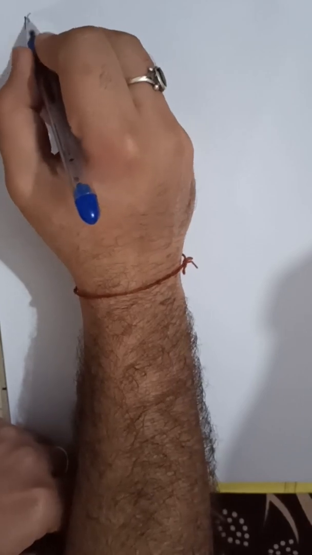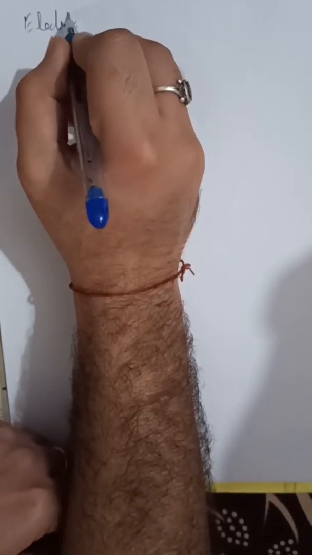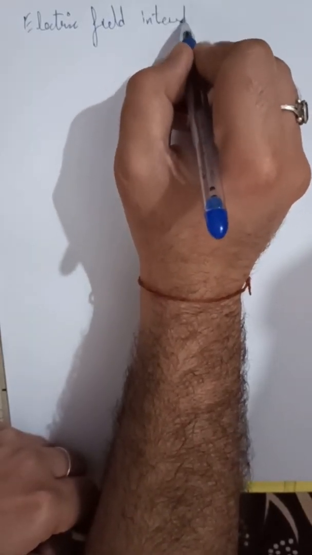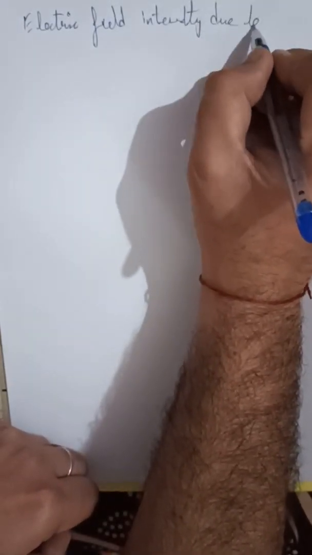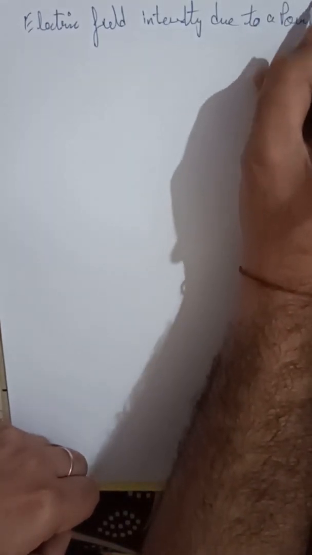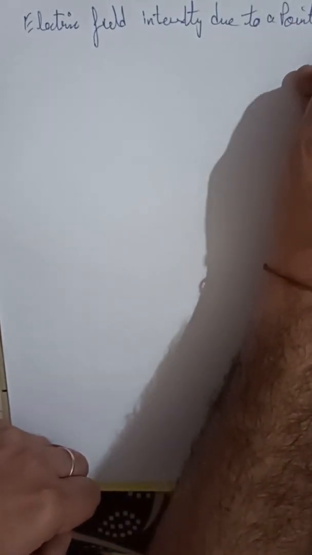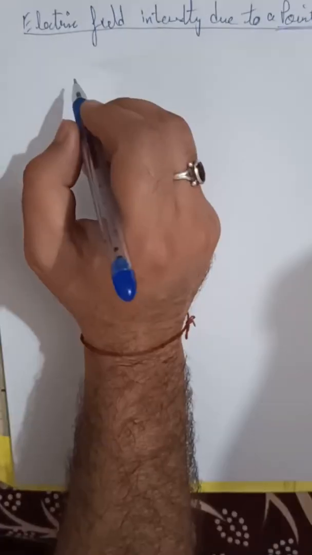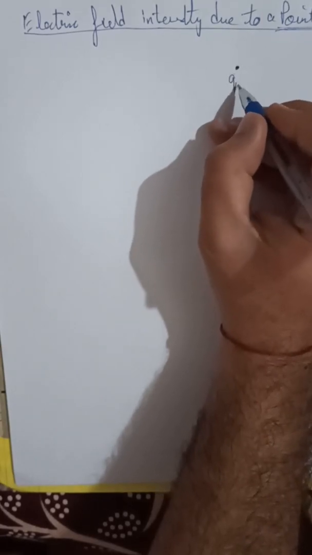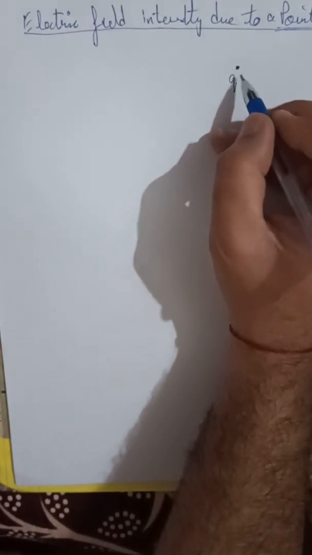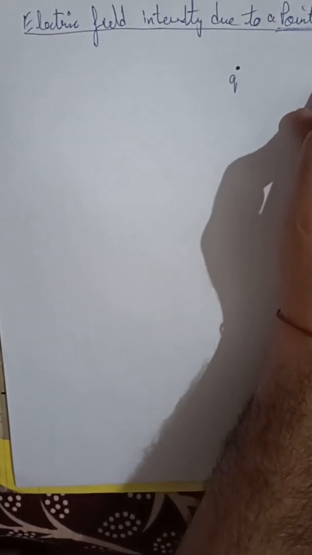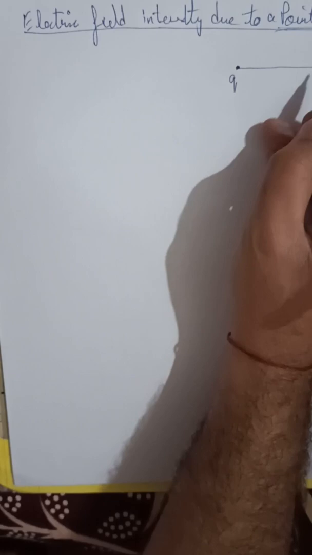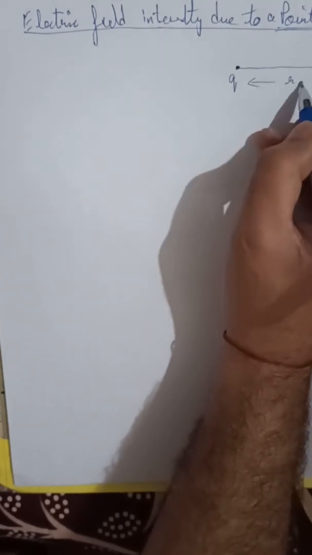Now we have electric field intensity due to a point charge. We take a charge Q. Let the test charge q naught be placed at a distance of r from it.